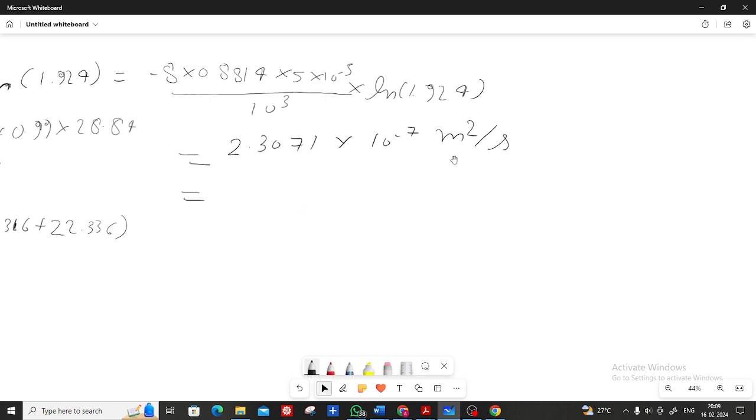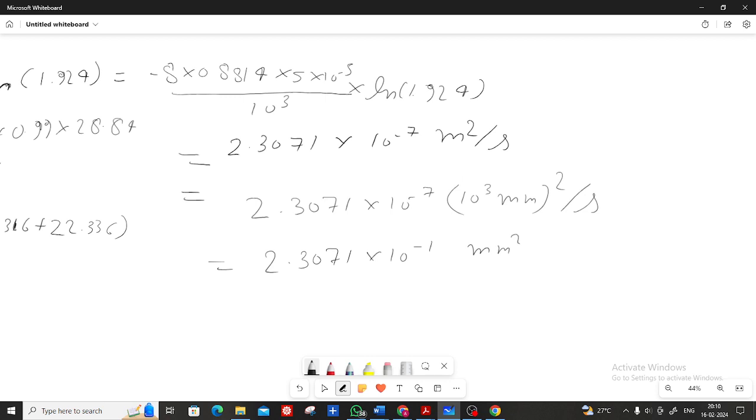Okay, I will convert it. 2.3071 into 10 to the power minus 7. 1 meter is equal to 10 to the power 3 mm, so it will be 2.3071 into 10 to the power minus 1 mm square per second.